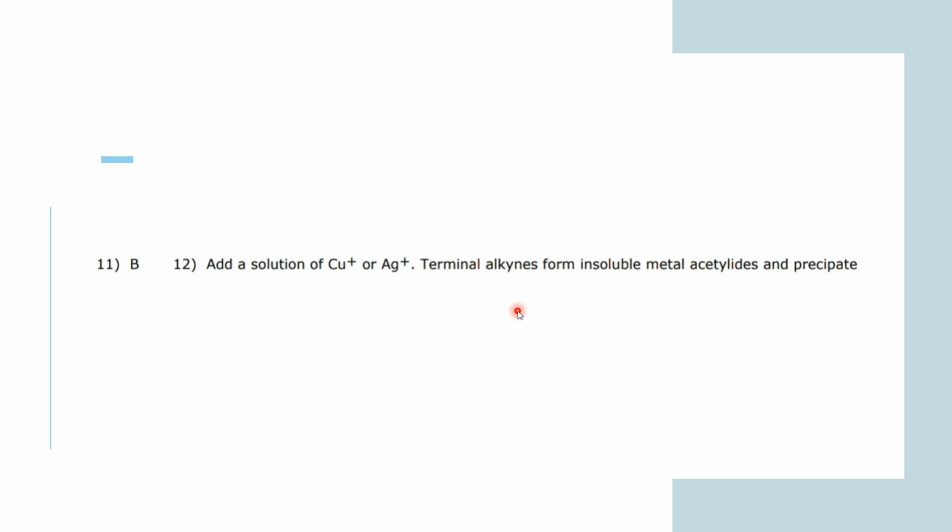The acidic proton is readily extracted from terminal alkynes, and you get metal acetylides which precipitate in the solution.